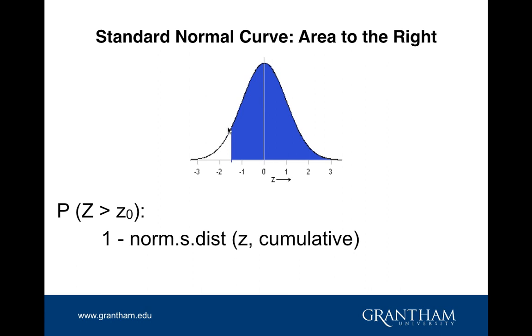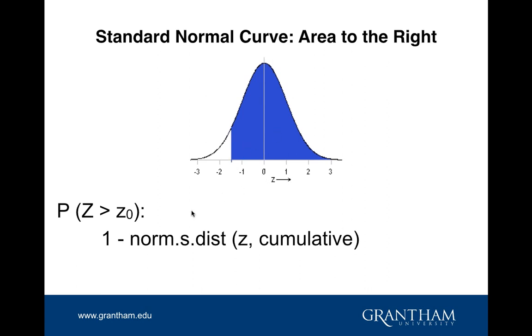This is due to the symmetry of the normal curve. They are mirror images of each other. We won't talk in any greater detail about this, but just know that if you're trying to find the area to the right, so in this example, the blue area that is shaded is the area to the right of this line here.